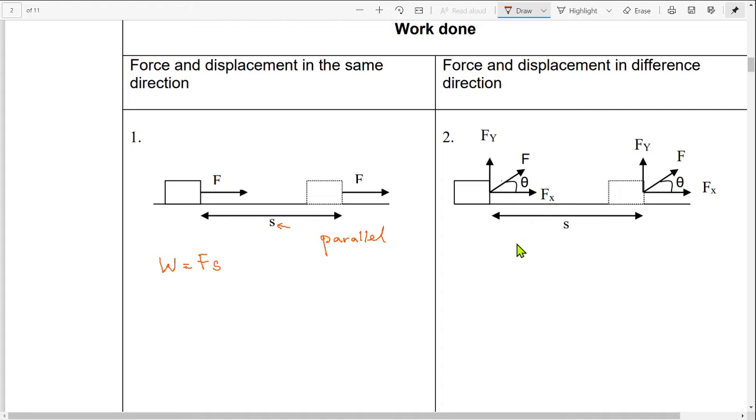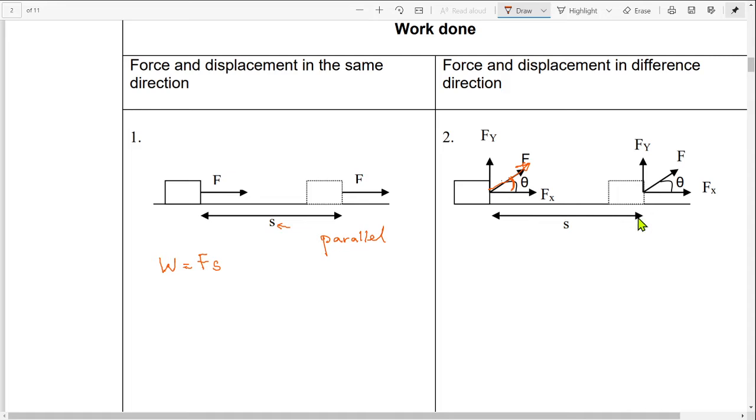Now let's go to this one here. I have a force. Here is the pulling force at an angle of theta. I am pulling this box to this new position. So this is my displacement, and my displacement is horizontal.